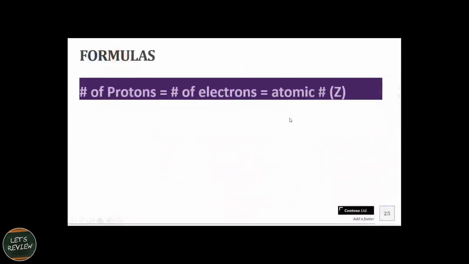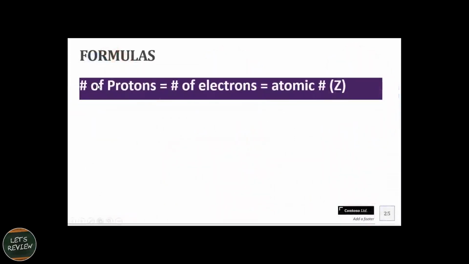So remember the formulas. If you want to find the atomic number, always remember that the number of protons is equal to the number of electrons and always equal to the atomic number. They are equal.